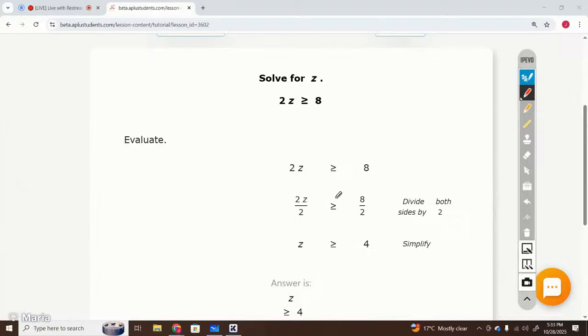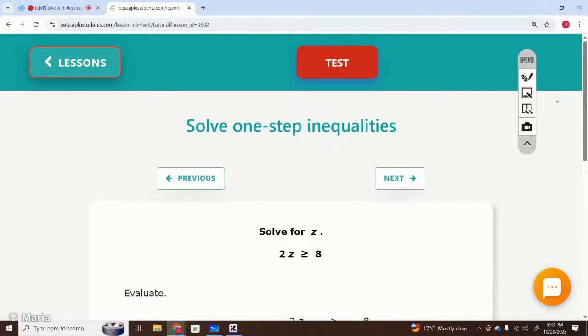So divide this by 2. So z is greater than or equal to 4. Let's just start with the test questions.